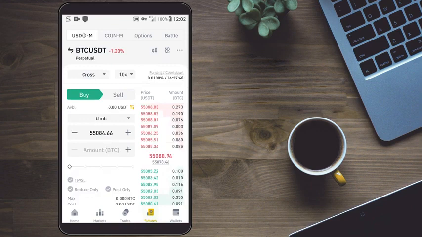Here's the Binance Futures market, and here you trade on the Binance Futures trading platform. Trading on the futures market is a little more complicated compared to the spot market, and it can be considered advanced level for beginners. You must understand the futures market and be familiar with some concepts and many details related to futures trading, which cannot be covered in this video and would make it very long.